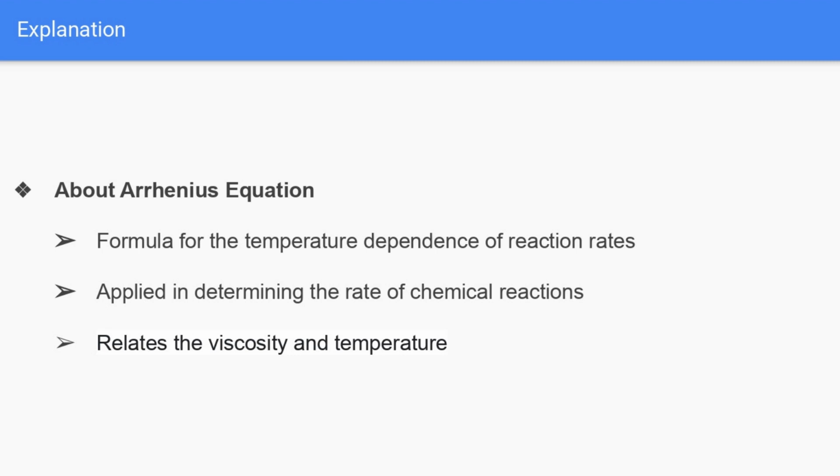The slope of that straight line is equal to minus Ea by R, from which we can calculate the activation energy Ea.